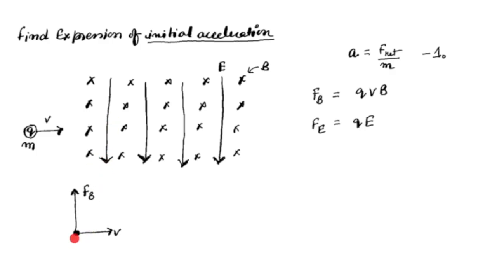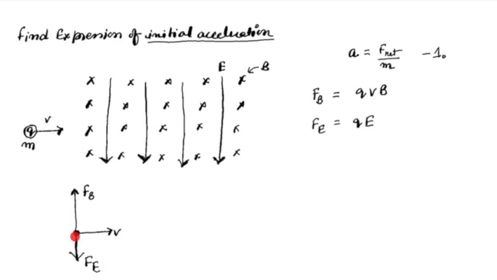The electric field is downwards, and the positive charge will follow the electric field, so it will be pushed this side. We don't know the exact values, so I'm just generally keeping the vectors like that. That is my electric force.